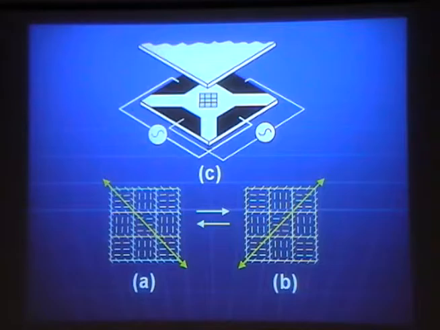In actual experimental demonstration, you can employ an in-plane electric field that can be induced by a patterned electrode like this. And the processed area is sitting here. The electric field is applied along the diagonal axis.